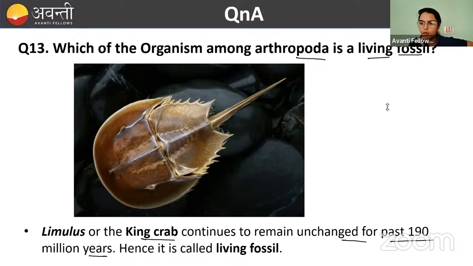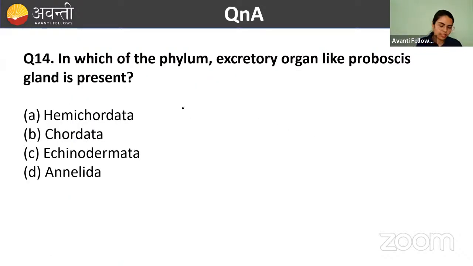Here we are talking about Arthropoda. भूल गए? चलो, you have to go and look into the NCERT कहाँ पे हमने living fossil की बात की थी. ठीक है? So this is about the arthropoda we are speaking. Biological classification आप भूल गए मुझे ऐसा लगता है.